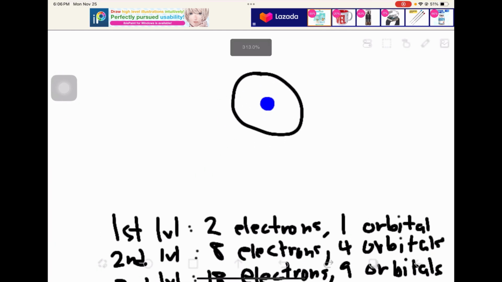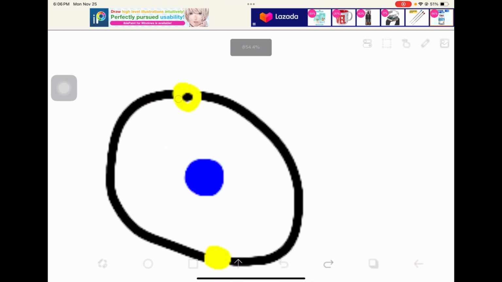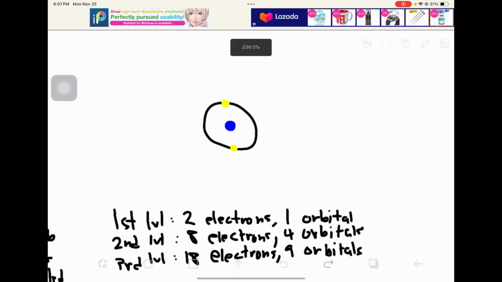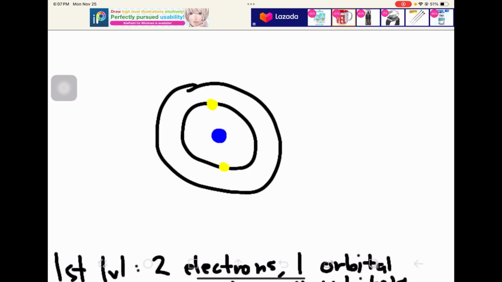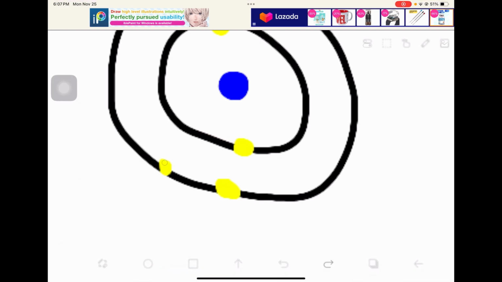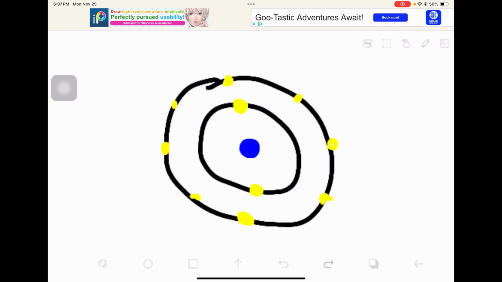So this is our first energy level, and it can only contain 2 electrons maximum. Now it looks good so far. Now let's draw the second energy level, and it can contain up to 8 electrons. So 1, 2, 3, 4, 5, 6, 7, 8.